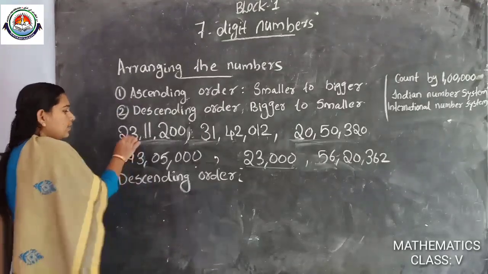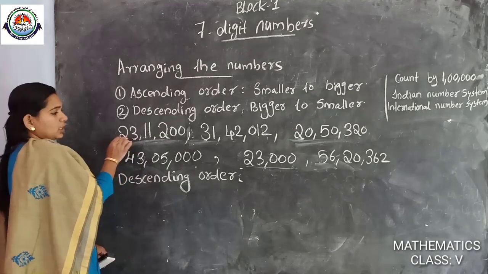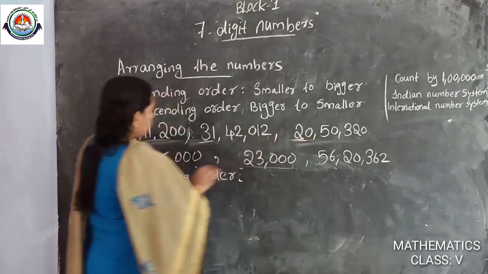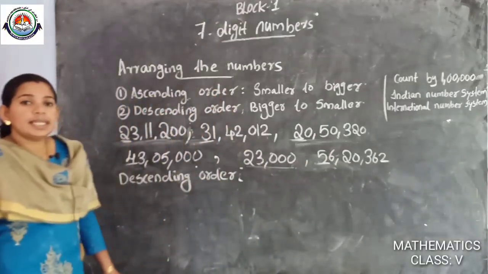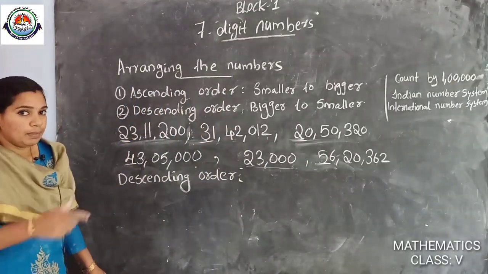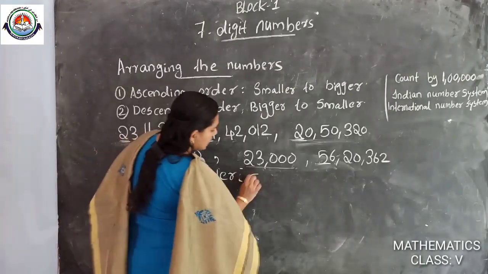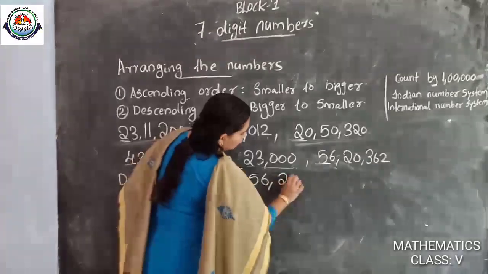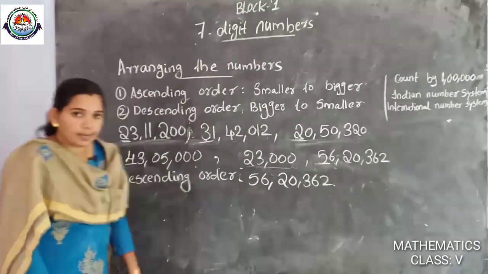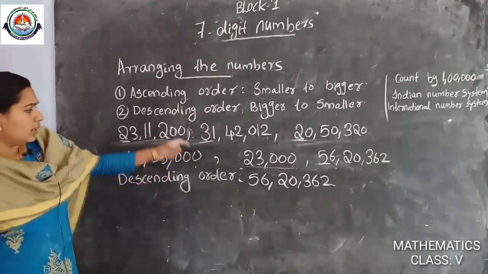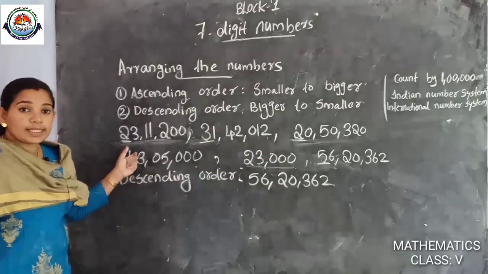Then we check the highest place number. The highest place digits here are 2, 3, 2, 4, 5. From these, which is the biggest? 5. So 56 lakh 20,362 is the largest number. Then among the remaining 2, 3, 2, 4, the largest is 4.